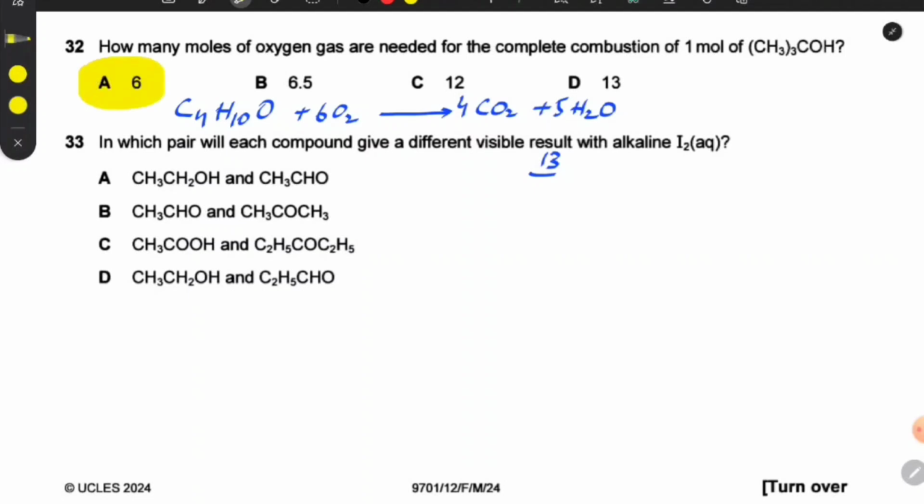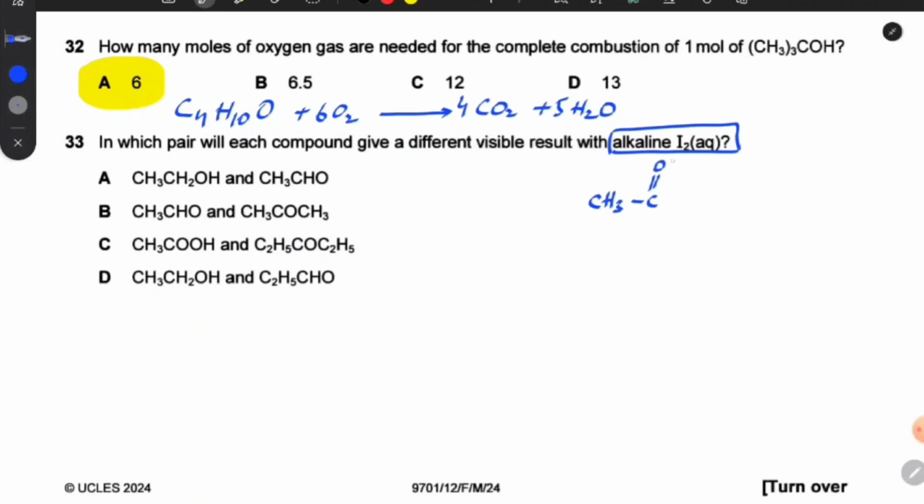Then, in which pair will each compound give a different visible result with alkaline aqueous iodine? Now it's very simple. As you know, the reaction with alkaline iodine means you're going to do an iodoform test, and you can easily identify any organic compound, whether it will give a positive iodoform test or negative.